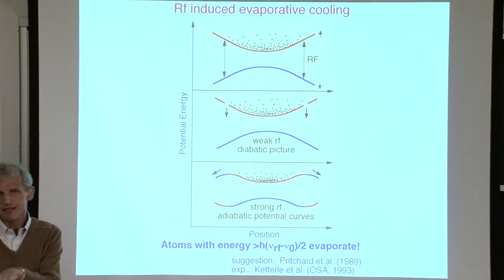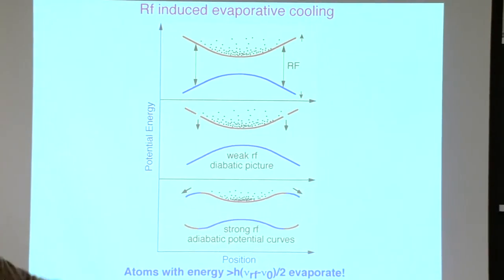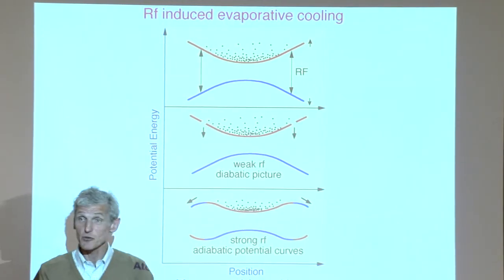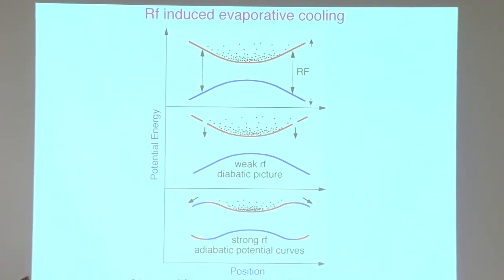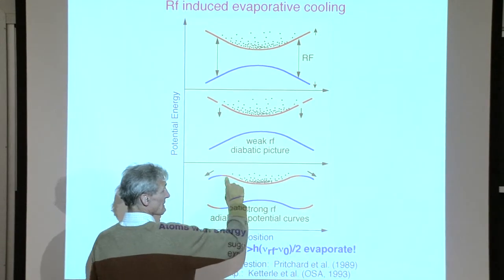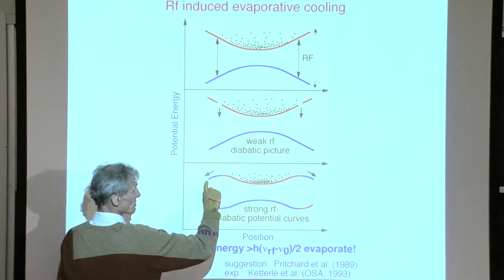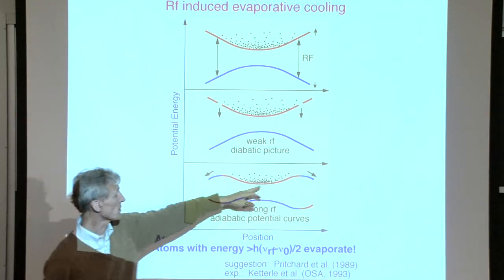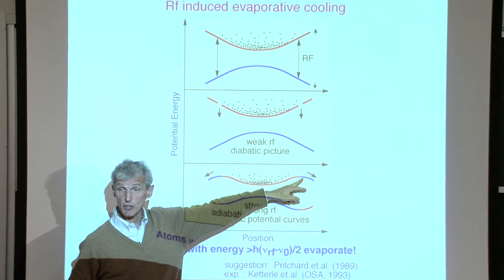We've discussed dressed energy levels in the optical domain. These are now dressed energy levels in the RF domain, and there's a wonderful chapter about it in Atom-Photon Interaction. So the dressed energy levels become something like this: a potential which looks like an inverted W, and you really realize this potential.